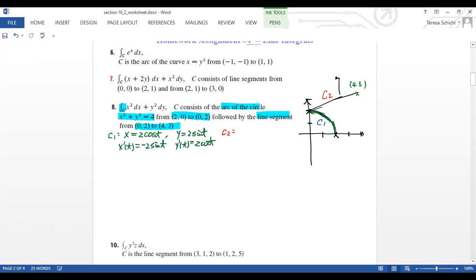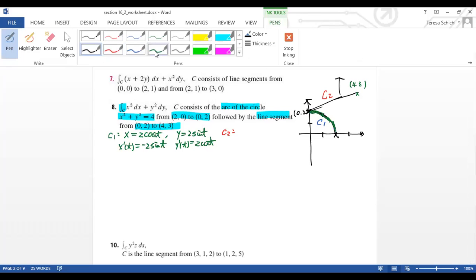This line passes through (0, 2) and (4, 3). So you can find the line is y equals 1/4 of x plus 2, right?